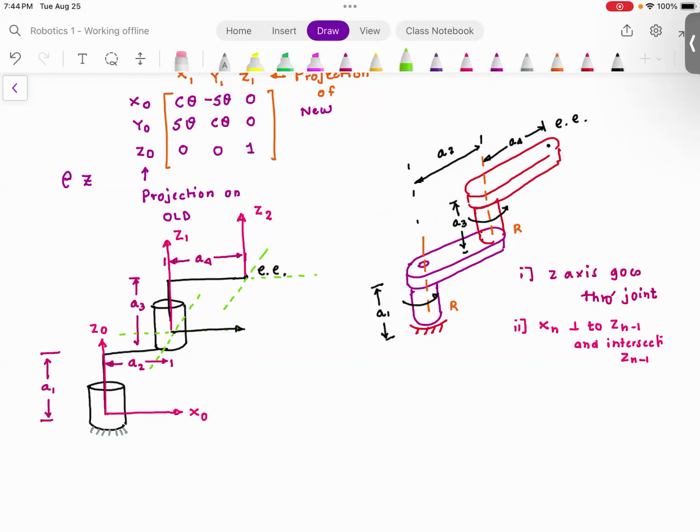So the only viable option is X2 here or here. Do you agree with me? But for simplicity, you want to make sure that all these coordinate frames are similar to each other. I'm going to assume X2 in this direction.